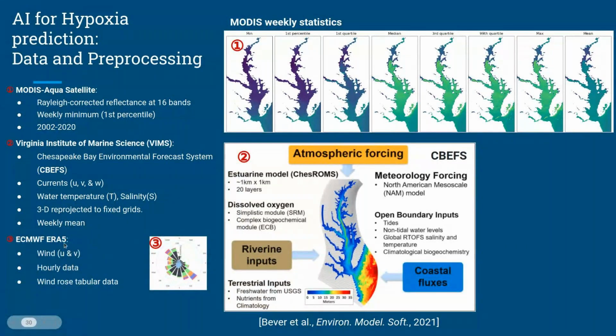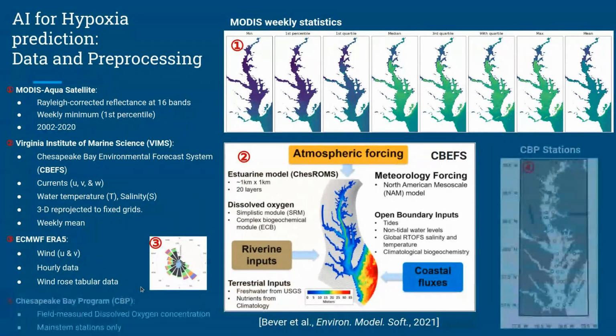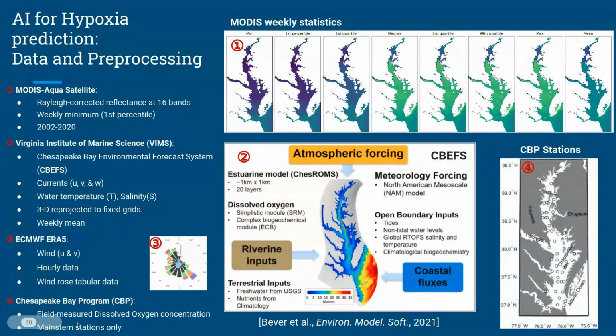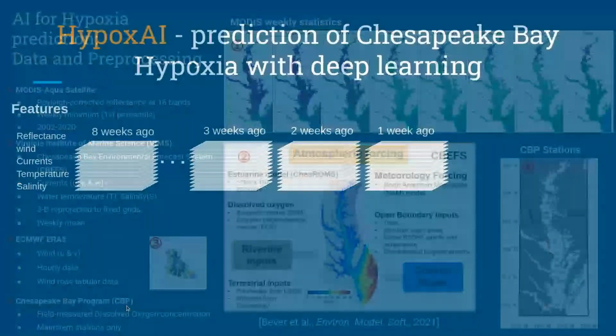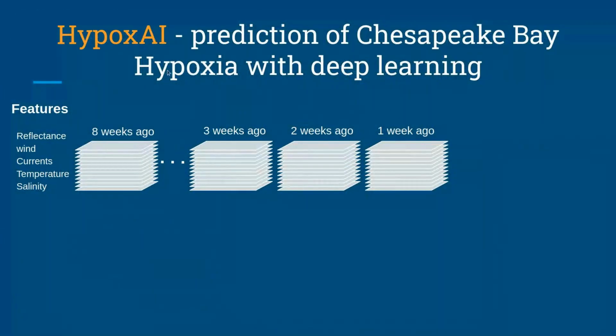We're also using wind data, wind statistics, basically the statistical data you would use to generate a wind rose figure. And then the field data from the Chesapeake Bay was used as the label of the data, which is the sea truth data. Using this data, we developed the model we call HypoxAI.